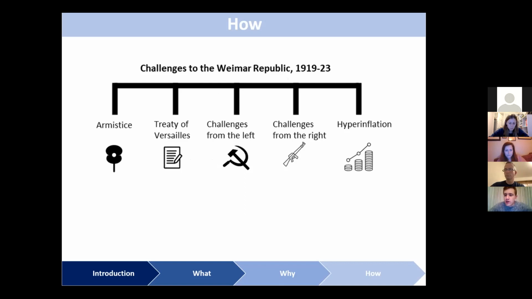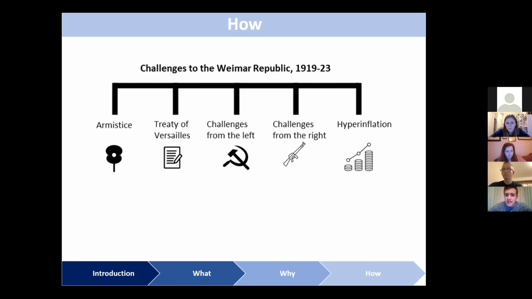And then the final one is the one I've been working on quite a bit recently, which is trying to make that schema really visible for students. That helps to compartmentalize the knowledge which they are learning in an inquiry. Here is from the GCSE Weimar Germany unit. What I've done is mapped out the challenges of the Weimar Republic.